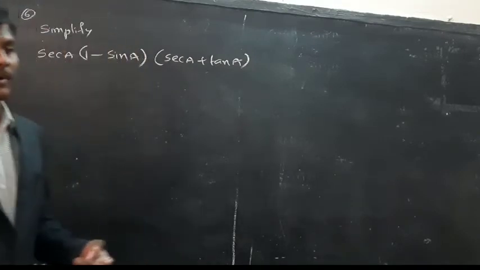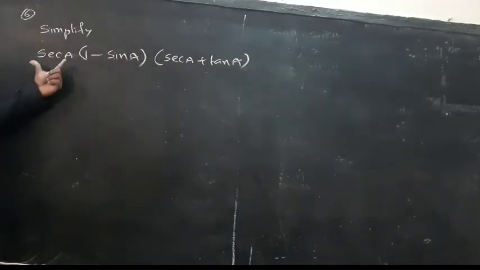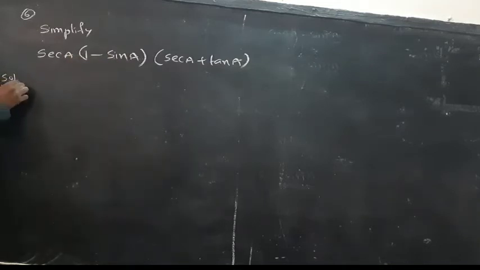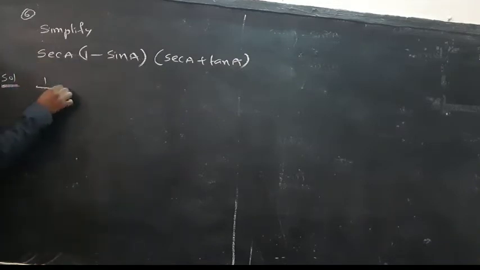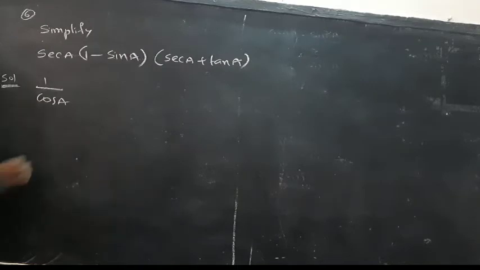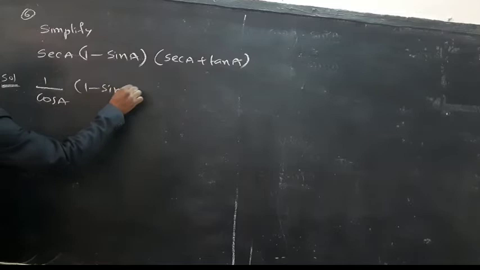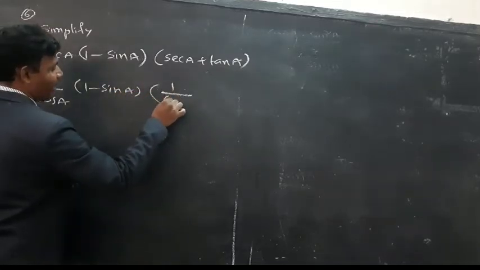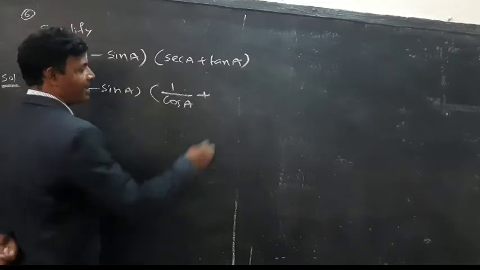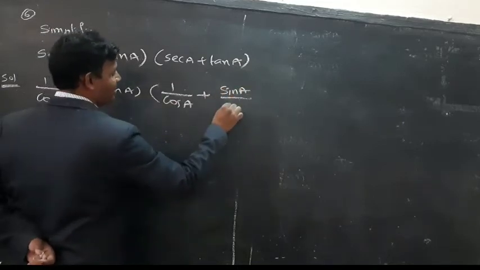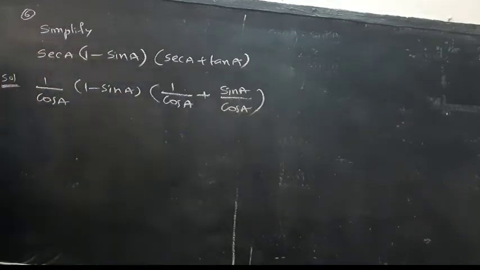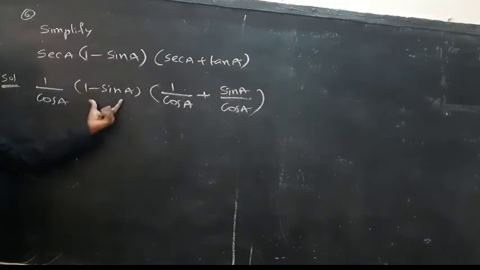There is another important question. Simplify sec A into (1 minus sin A) into (sec A plus tan A). In solution, sec A we can write as 1 by cos A, because sec A is a reciprocal of cos A, into 1 minus sin A. Once again, sec A we can write as 1 by cos A plus tan A we can write as sin A by cos A. 1 minus sin A as it is.